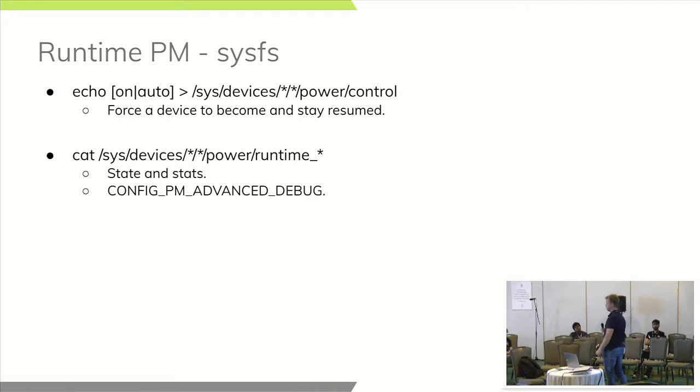You can actually see over time, for example, how long a device has been suspended and how long it has been active. And you can also see the current state of the device. Some of these stats are not available with the generic defconfig, so you might need to enable the advanced PM debug option to get more information there. But these are interfaces that can be quite interesting to see. If you start deploying support for this yourself, it's really helpful, I would say.